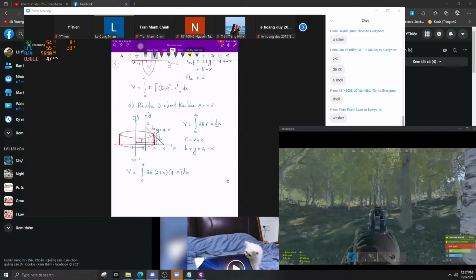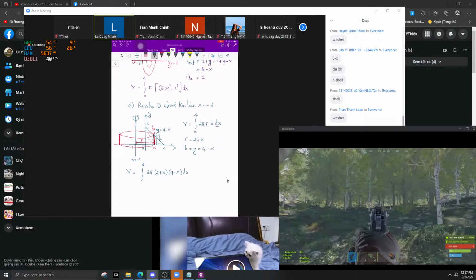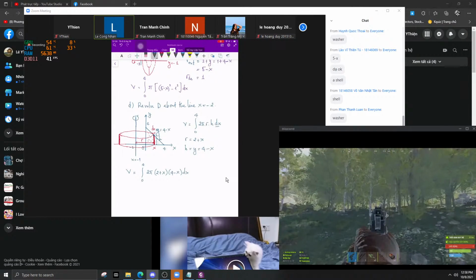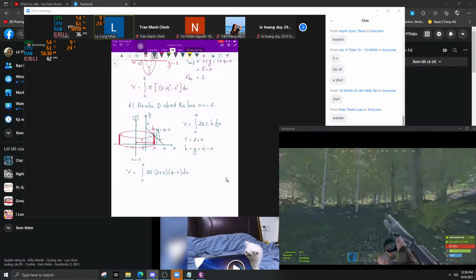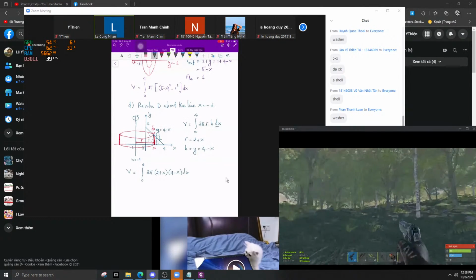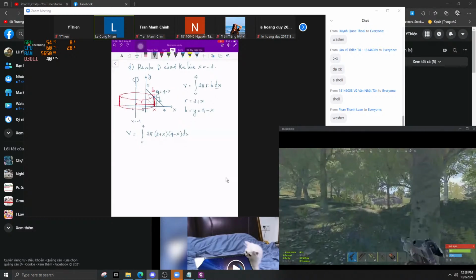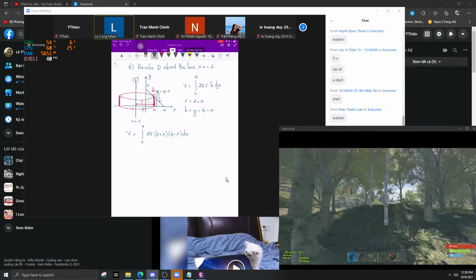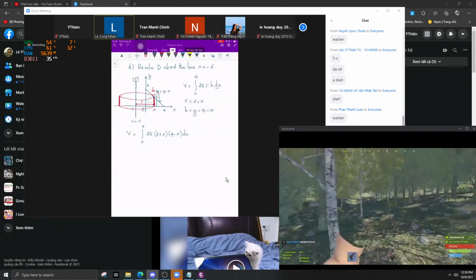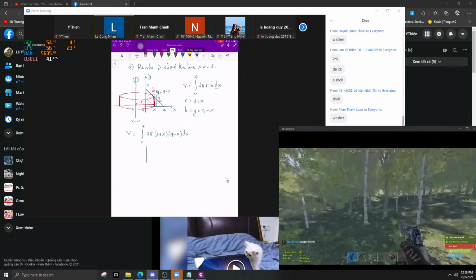Okay, if we choose the representative rectangle to be horizontal, then we get a washer. So I can sketch it, it looks like this.